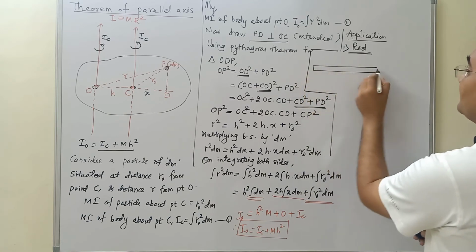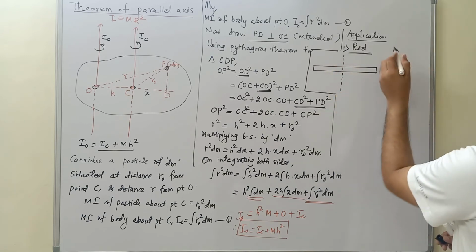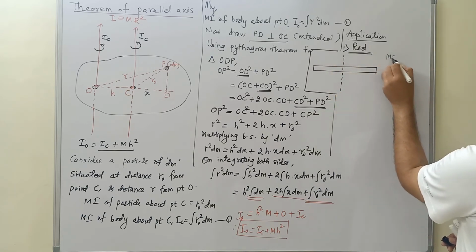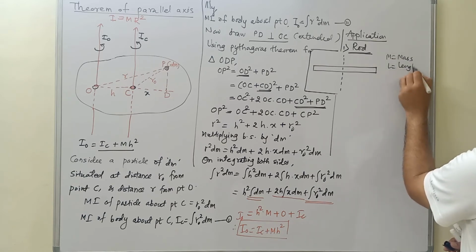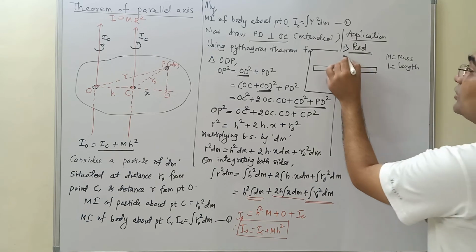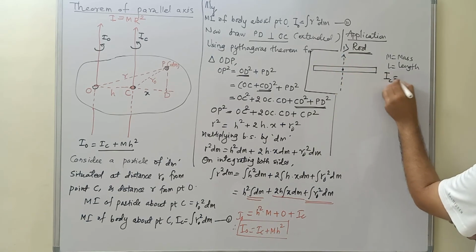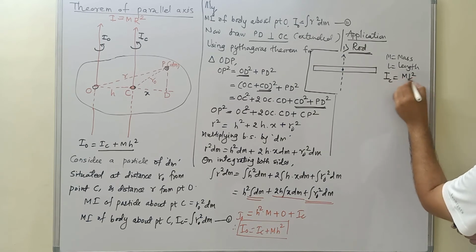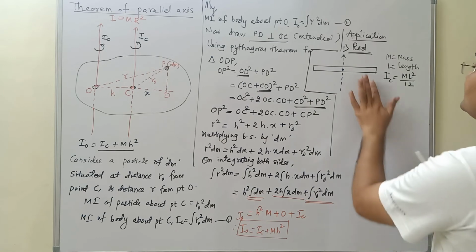Say M is the mass of the rod and L is the length of the rod. When it rotates about its center, the moment of inertia about the center is given by the formula ML square upon 12.